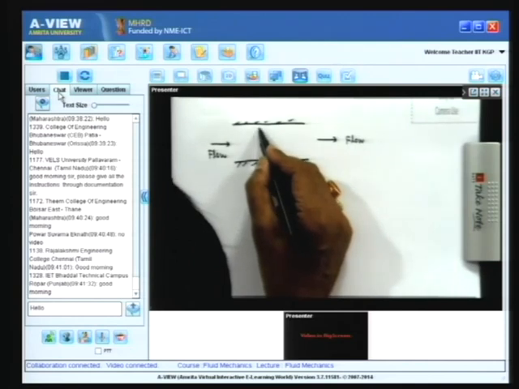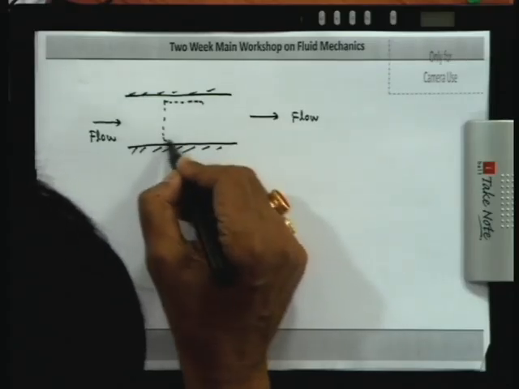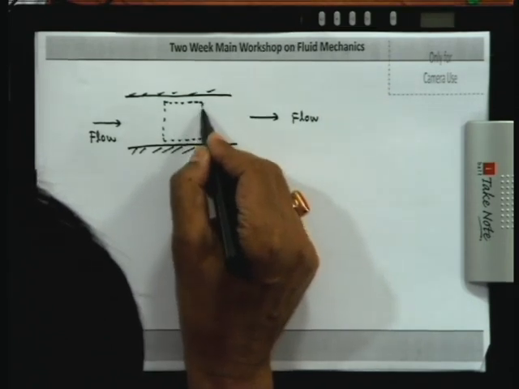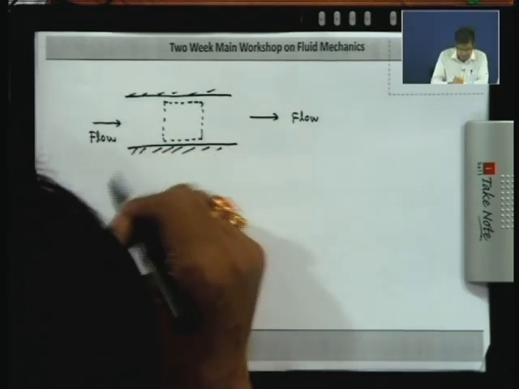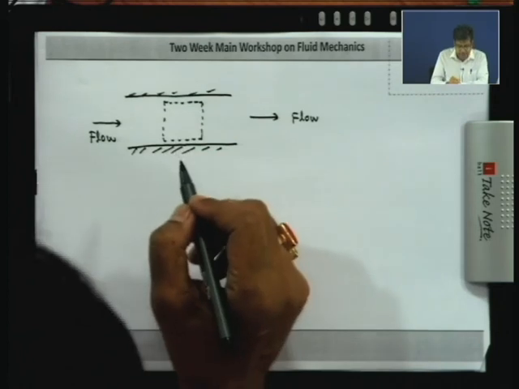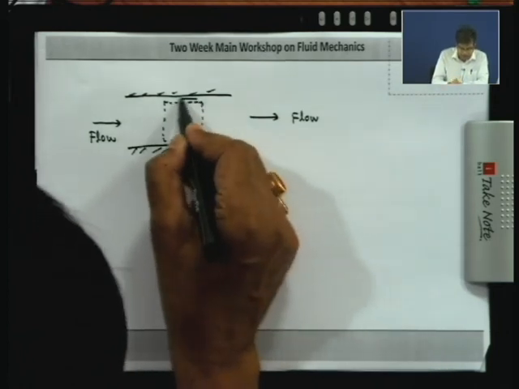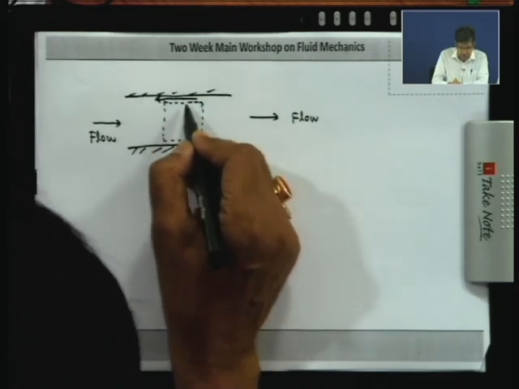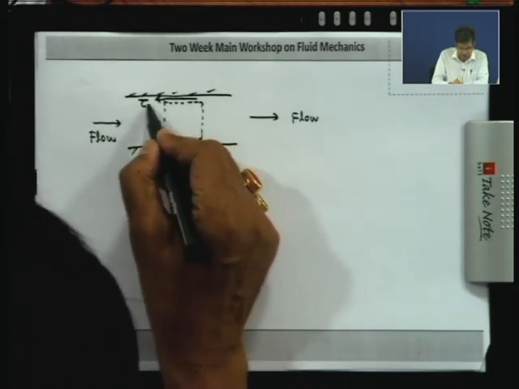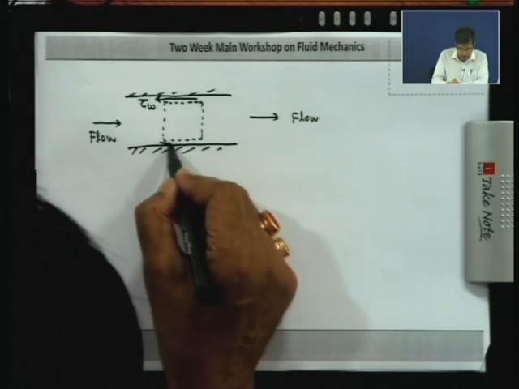If we take a fluid element like this, then what are the forces acting on this fluid element? Let us identify. One is the shear stress at the wall, tau W, which acts on the fluid element opposite to the direction of the flow.